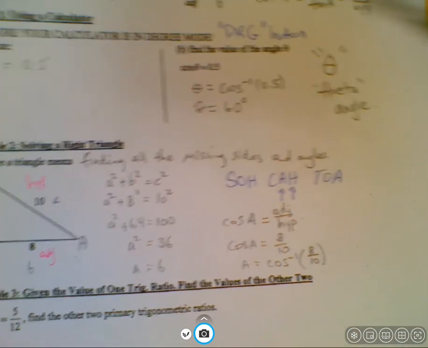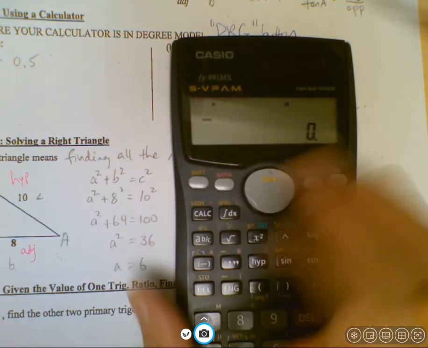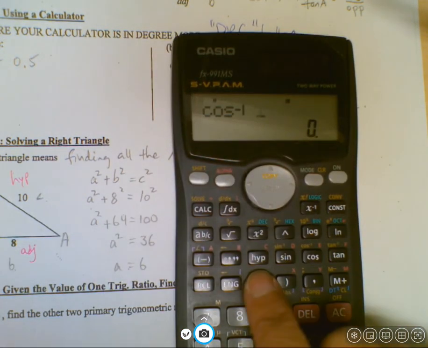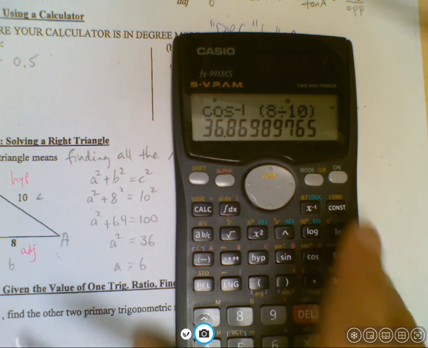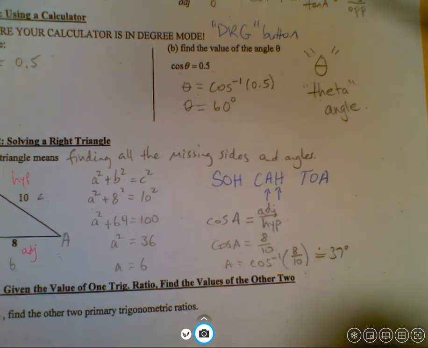That's how to isolate the angle. So now into my calculator, all in one step, I go inverse cosine. I'm going to open a bracket, 8 divided by 10. And I get about 37 degrees. So approximately 37 degrees. Right?